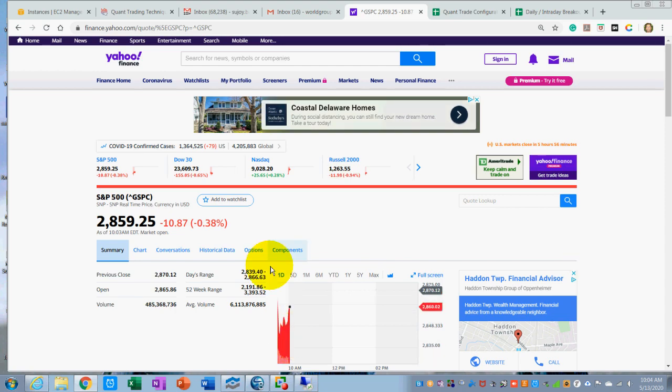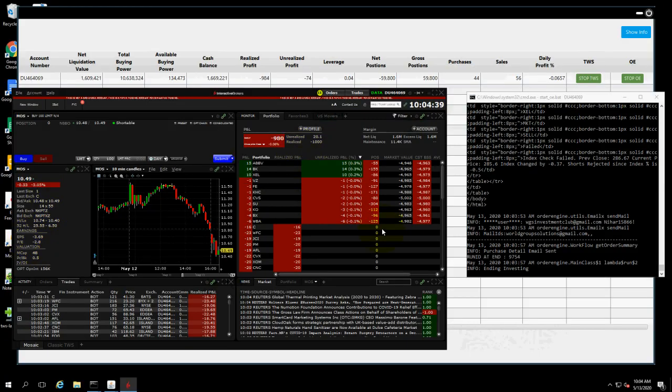So let us take a look here. Yep, we can see some trades happening. And at this point, since the reversal is also happening at the same time, we have to wait and see. But the trade is going on.